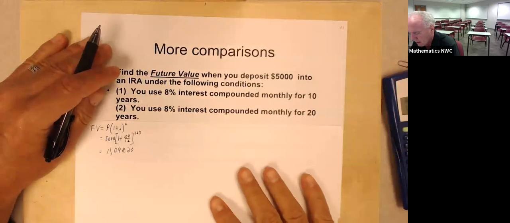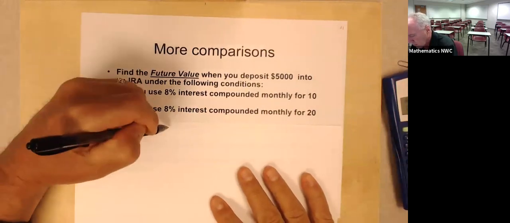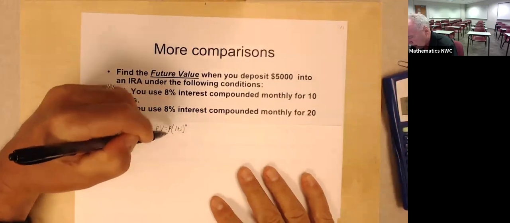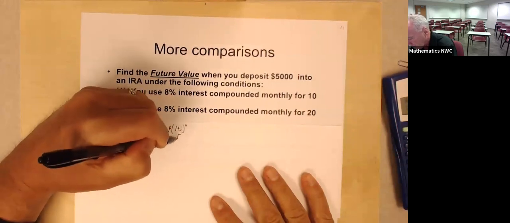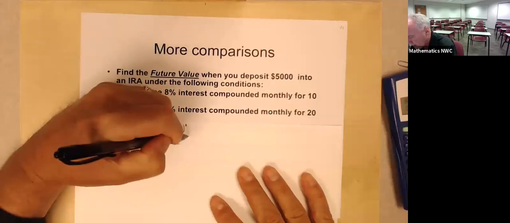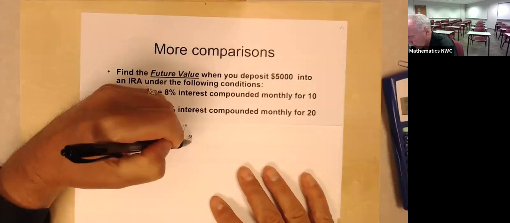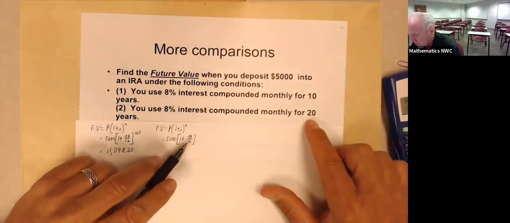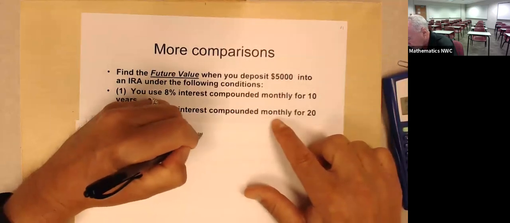Compare that to number 2. Future value would be principal, 1 plus I to the nth power. That would be 5,000, 1 plus the same 0.08, divided monthly means divided by 12. But this time, it's for 20 years. So it's 20 times 12, or 240.